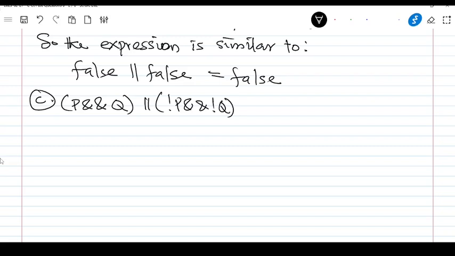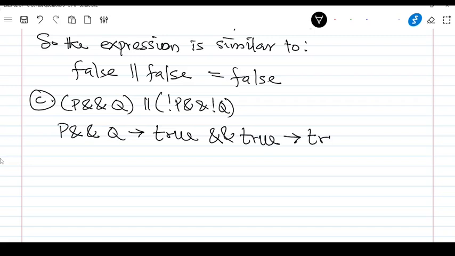P and Q is similar to true, because P is true and Q is also true. So true and true is going to evaluate to true.